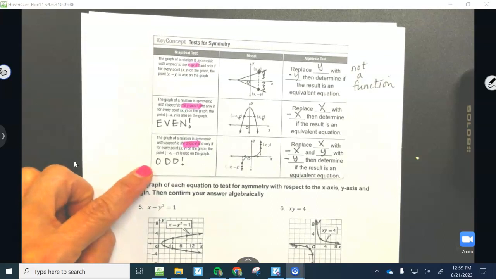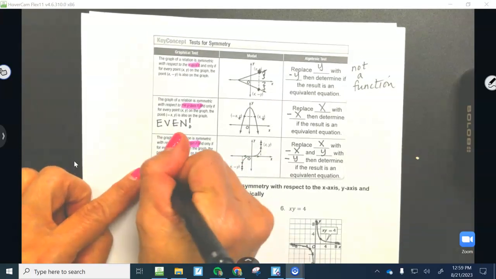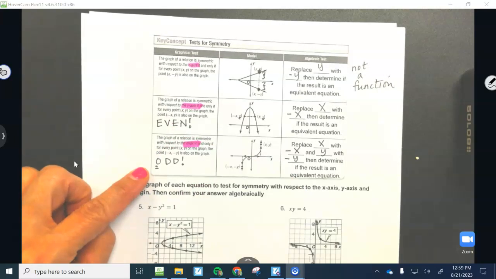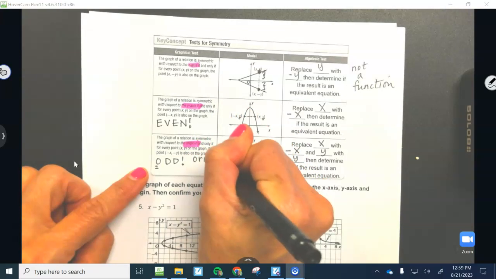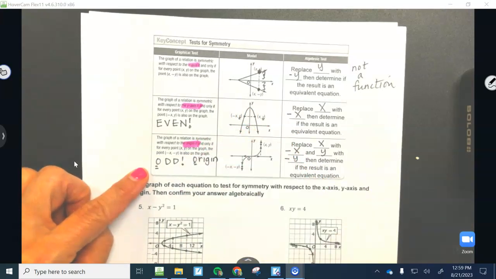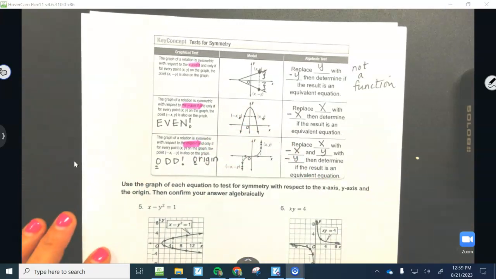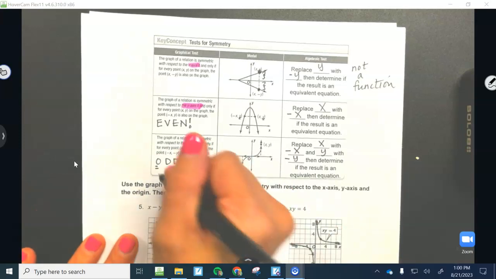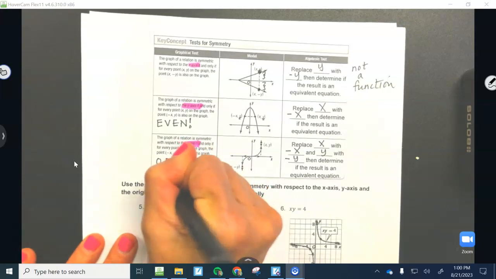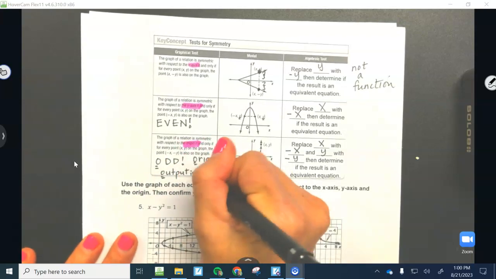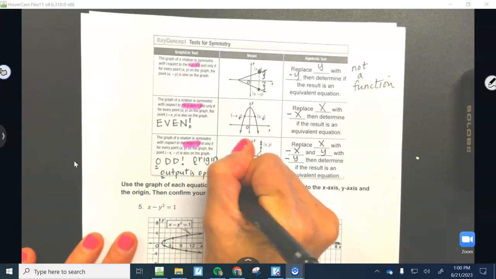This one isn't too tough to remember, y'all, because of all the letter O's. Remember, it is an odd function if it is symmetrical around the origin. I know it's symmetrical around the origin if my output, there's another O, is opposite.